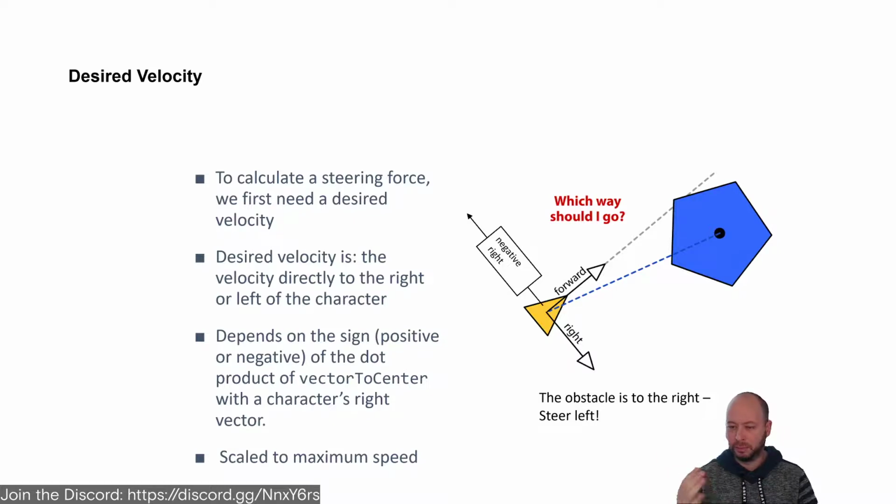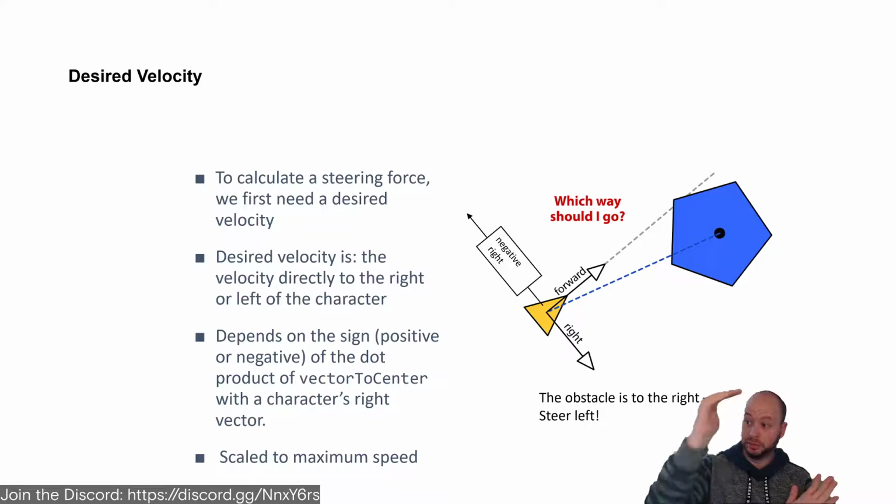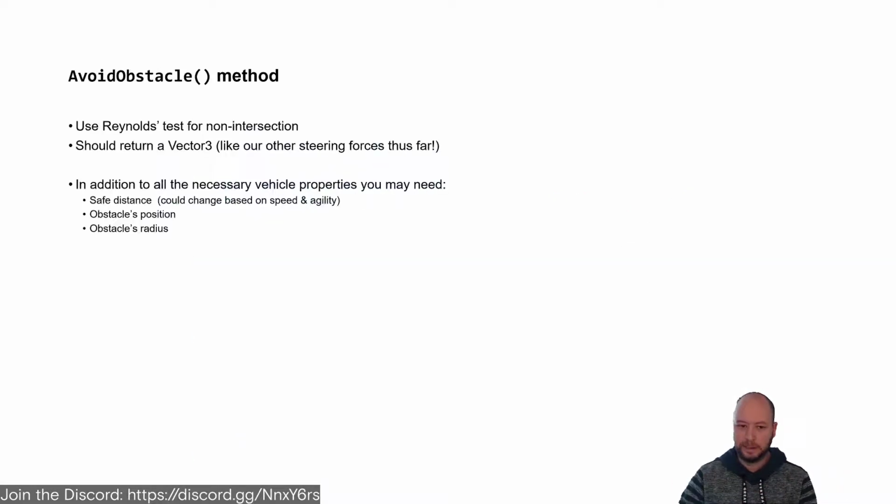And so applying a force perpendicular to your forward vector will make your object turn in a circular fashion. And yeah, you can play with the velocity, and you can scale it to the maximum speed and all the other stuff that we've talked about. And this is just another force that you can apply to your object.